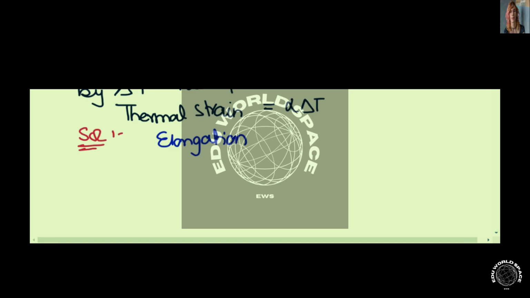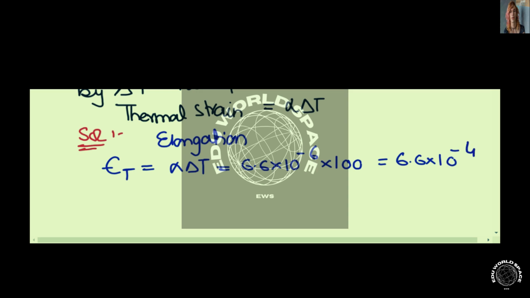So it means that the strain applied from the temperature will be given by this expression, that is epsilon sub t equal to alpha times del T, right? And that is equal to 6.6 into 10 raised to the power negative 6 into 100, and that is equal to 6.6 into 10 raised to the power negative 4, right?